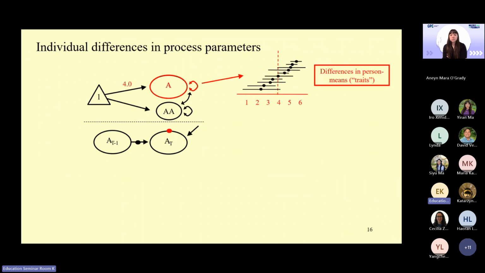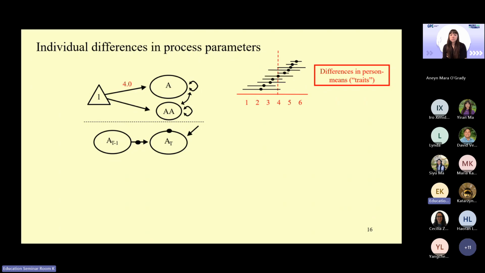If we plot these 12 or so sample individuals here, we see that the average among all these persons is 4, indicated here. And then we see that the individual means are different. And also the within person variability is different across all these people.